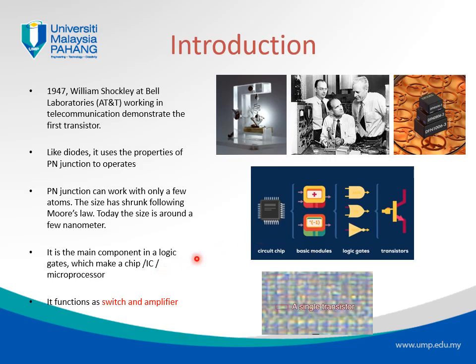That is what makes our chip, our integrated circuit or our microprocessor. And in these chips, the size of these transistors is very small. This is a depiction of a view under a microscope of a single transistor at a very small size of a few nanometers.